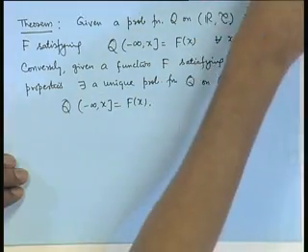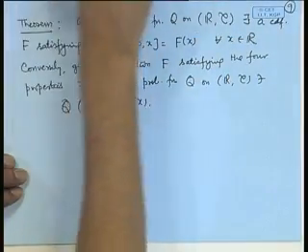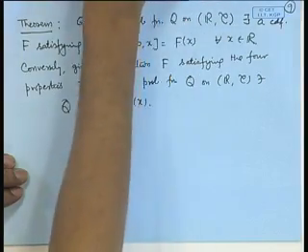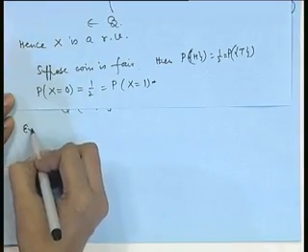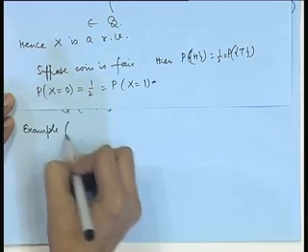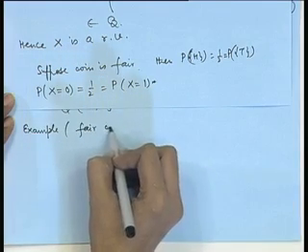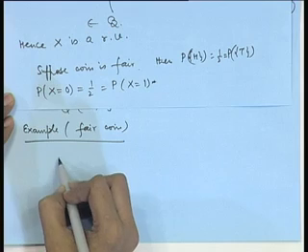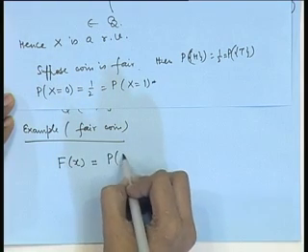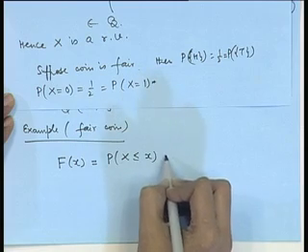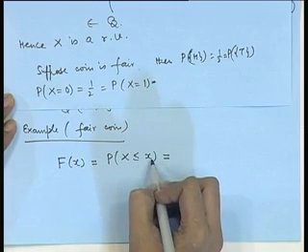Go back to the example of head and tail, and if we consider the fair coin example, here if we consider f x, then we are looking at the probability of X less than or equal to x.